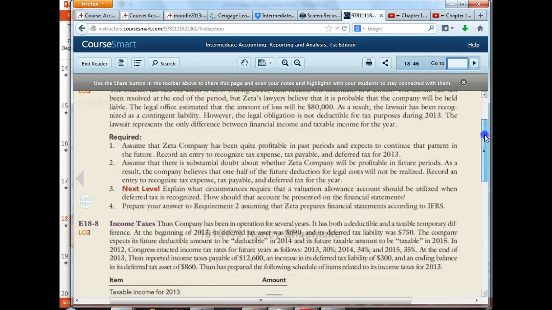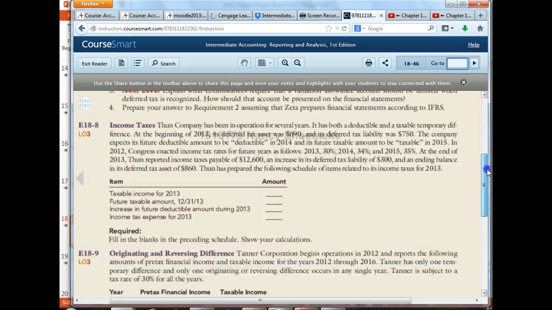We're not worrying about that one. Sorry, scratch it. 18.7, don't look at. Okay, let's look at 18.8. We're not going to deal with any contingent liabilities.